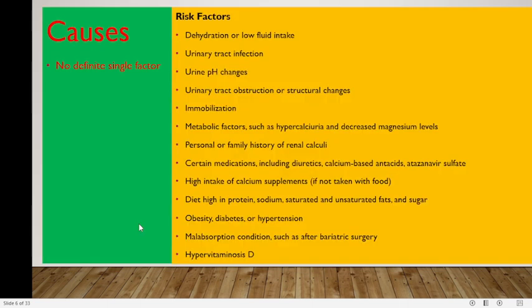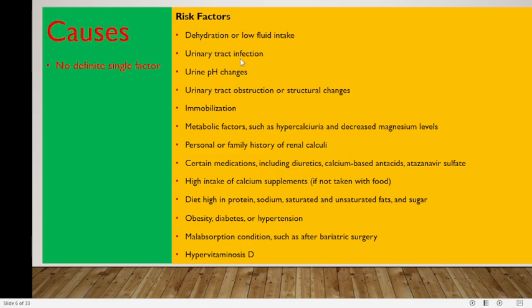We have already talked about the risk factors, but it's good to clarify that on the causes we have no definite single factor. So all these conditions will be attributed to different risk factors, ranging from dehydration, that is low fluid intake.